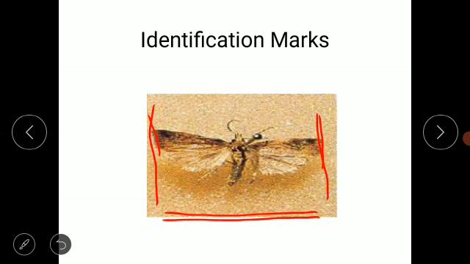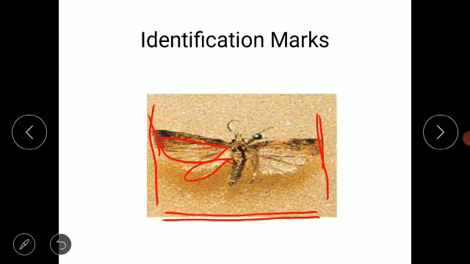Class Insecta, we already studied that the Jawar stem borer is from class Insecta. The class Insecta has one characteristic feature, that is two pairs of wings are present, forewings and hindwings. Here you can observe this is the forewing and this is the hindwing.